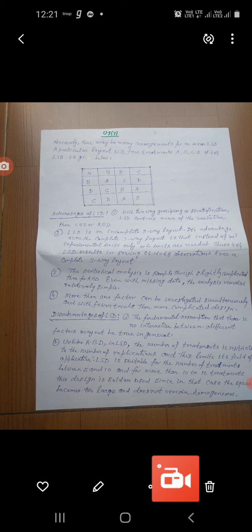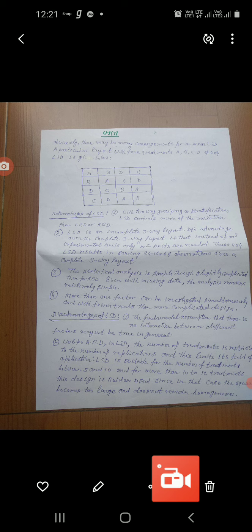Third point is that the statistical analysis is simple, though slightly more complicated than for RBD. Even with missing data, the analysis remains relatively simple. This is an advantage of the design.